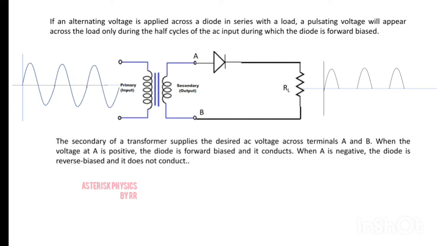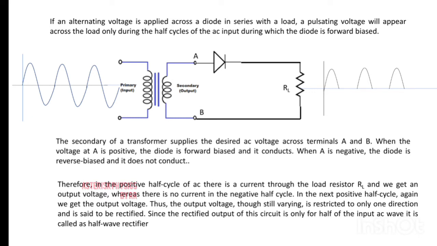So, diode will be forward biased and therefore it conducts. Whereas, during the negative half cycles, the end A will be at a negative potential compared to terminal B. Therefore, diode will be in the reverse biased condition and hence the practical value of current through the diode will be 0.